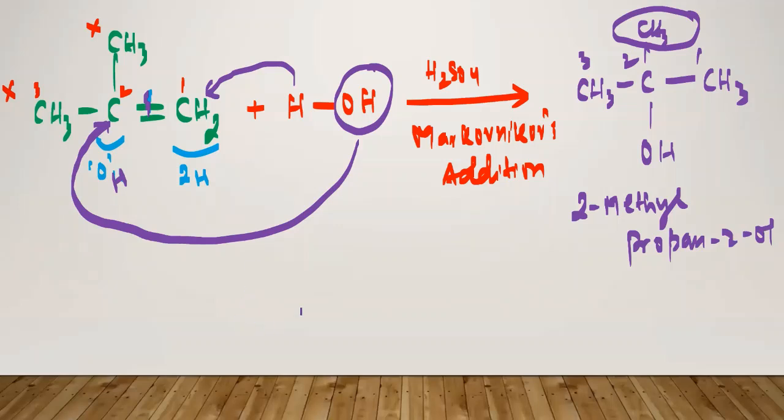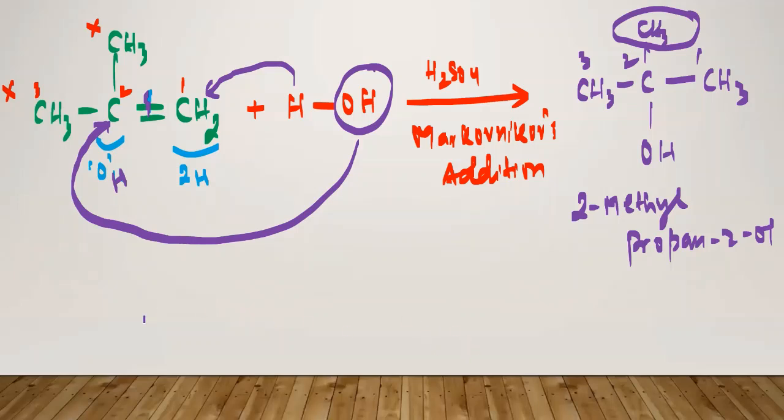I hope, my dear friends, you have understood how to add water to an alkene in presence of an acid, as per Markovnikov's addition, and you will be getting an alcohol.